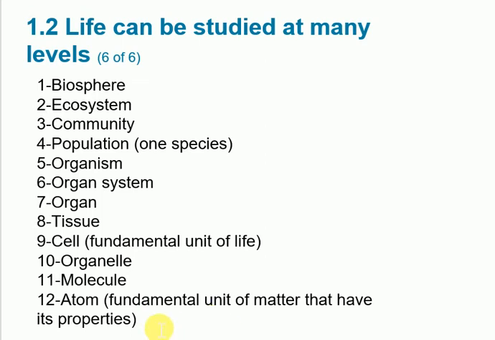Meaning, what if you go inside the atom? What are you going to see? You will see protons, neutrons, and electrons. Why don't we consider the electrons as a fundamental unit of matter? Because electrons do not have the properties of the matter. Like if I have an atom of oxygen, the atom of oxygen is oxygen. It still has the properties of oxygen.